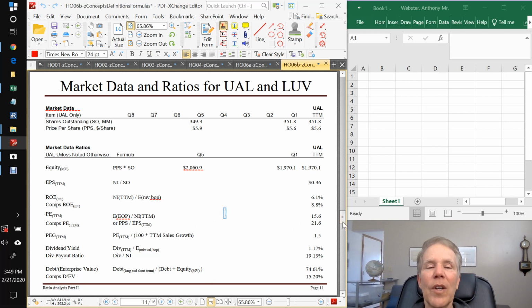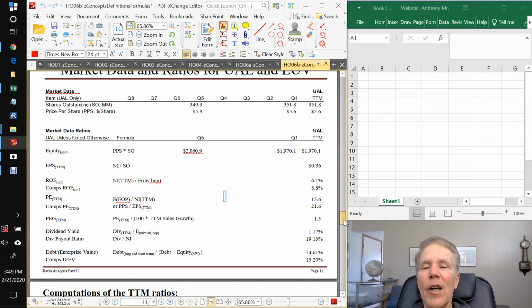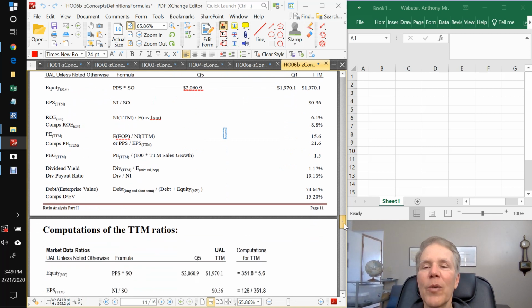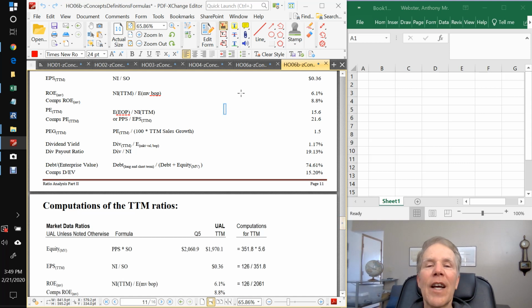Otherwise, they pretty much are 1 over each other, okay? And the PEG ratio we didn't bother with. I have these things all here for us because we do use them in the office, but you don't need to know PEG. It's a gray page. Don't worry about it.